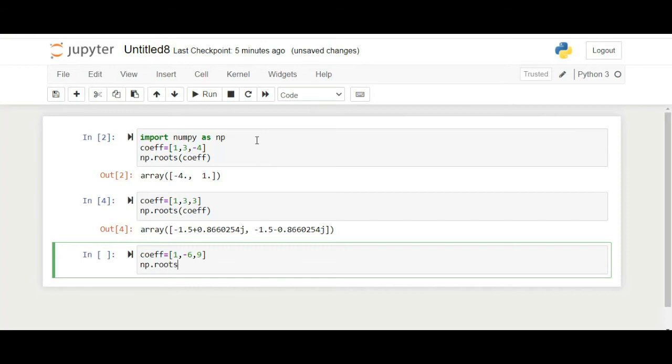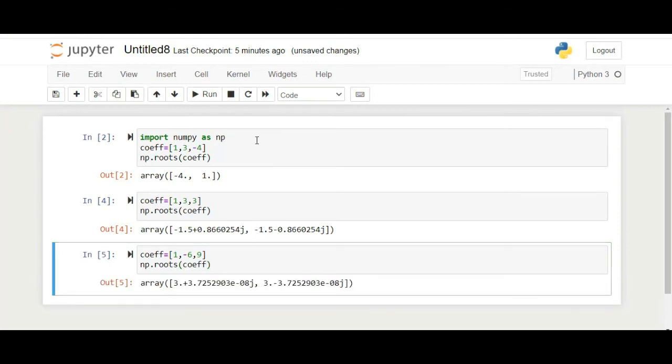So np.roots, and inside the parenthesis you write coefficient. By pressing control and enter you will get the roots. These are the roots of the above quadratic equation, in which the coefficient of x square is 1, the coefficient of x is minus 6, and the constant term is 9.